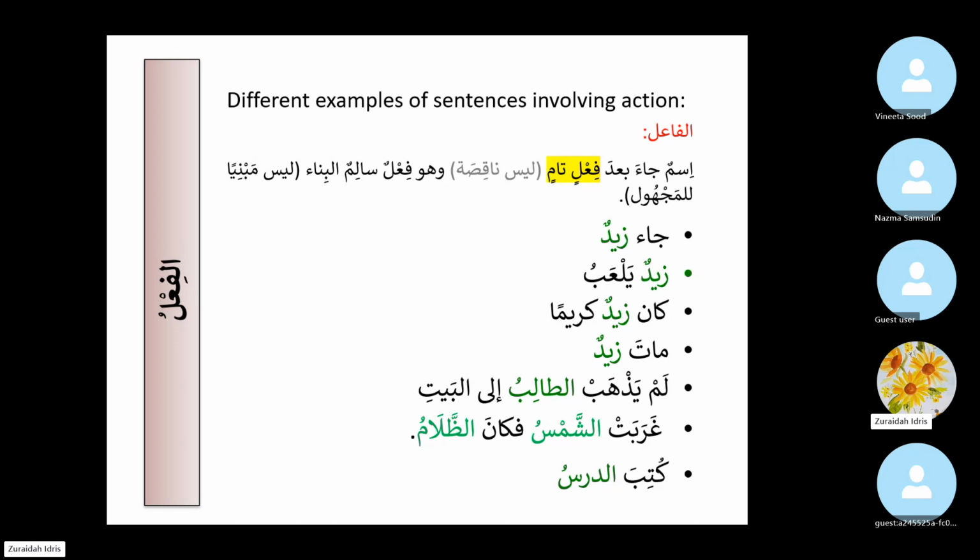Sister Vinita, can you try and translate all of these? Okay, sister, I'll try, inshallah. Bismillah. Ja'a Zaidun means Zaid came. Then Zaidun yal'abu, la'iba means to play.